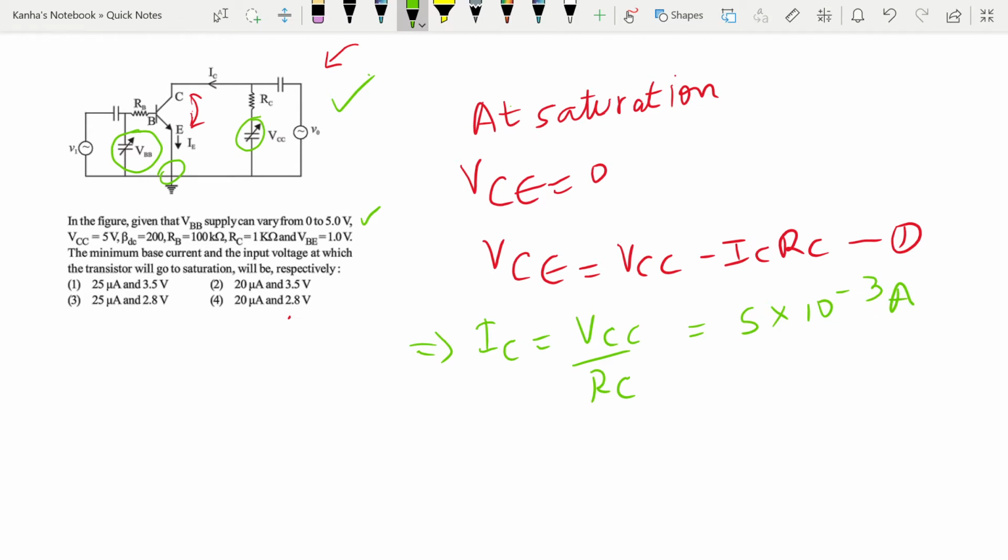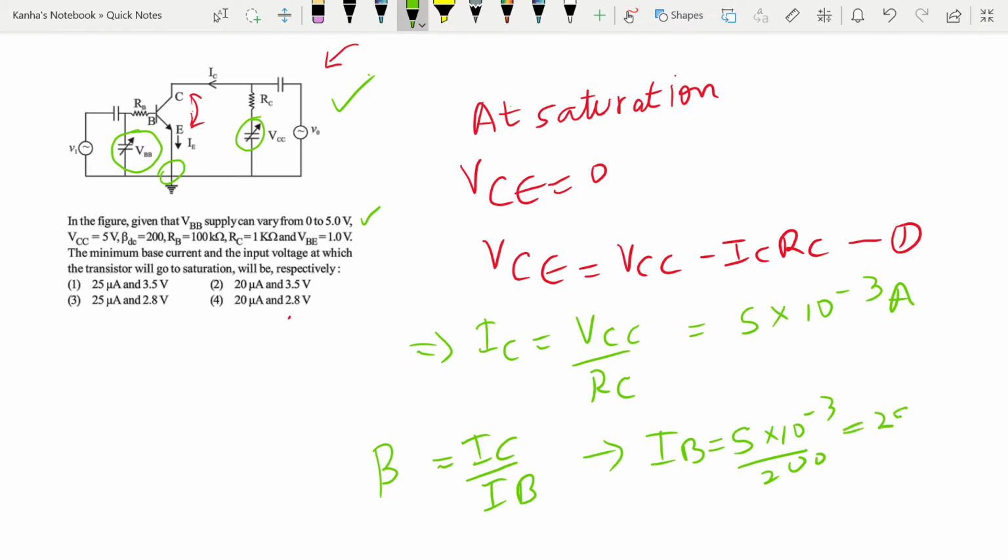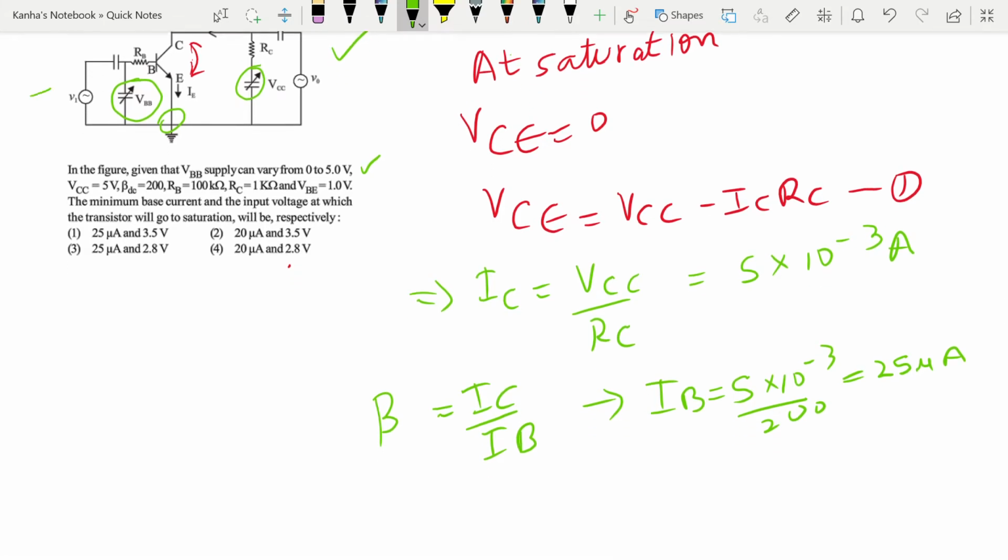Now let's come to current gain. Current gain is given as beta is equal to IC by IB. That implies IB is equal to 5 into 10 to the power minus 3 divided by 200, or 25 microampere. Now if you look at the input side, which is this one, you have that VBB is equal to IB RB plus VBE.